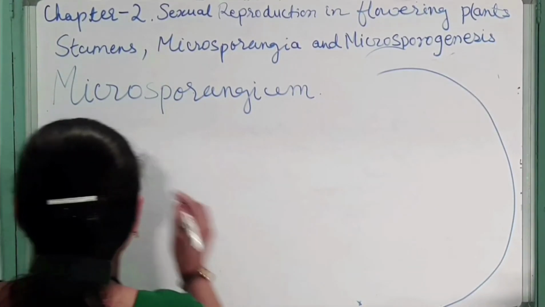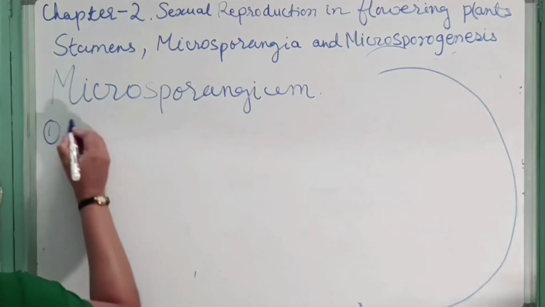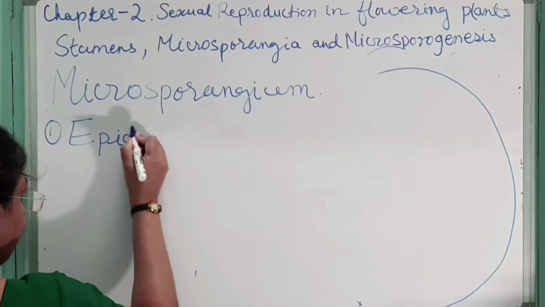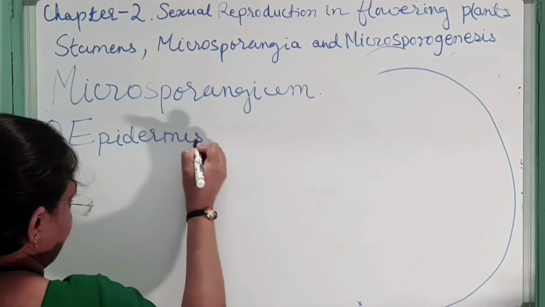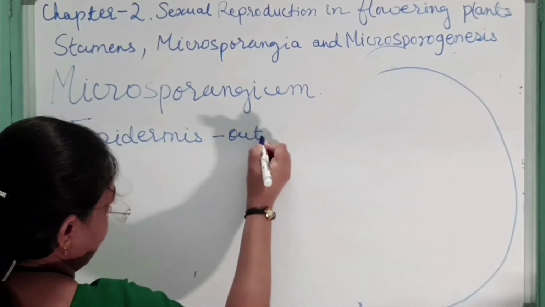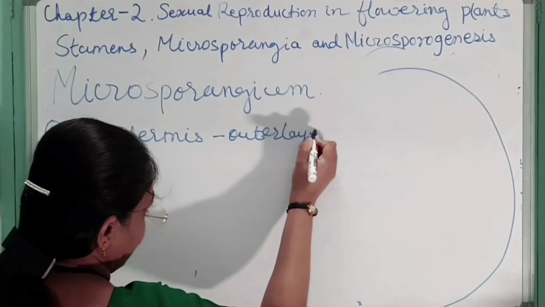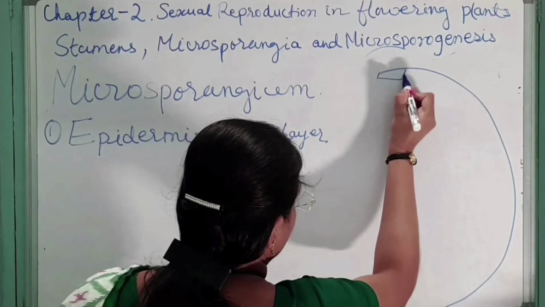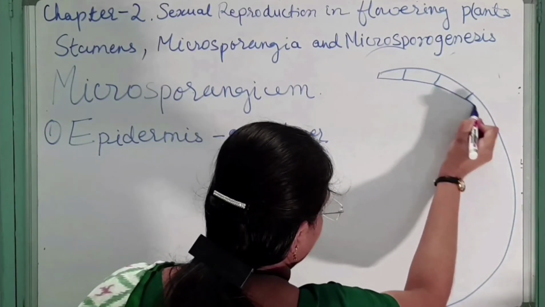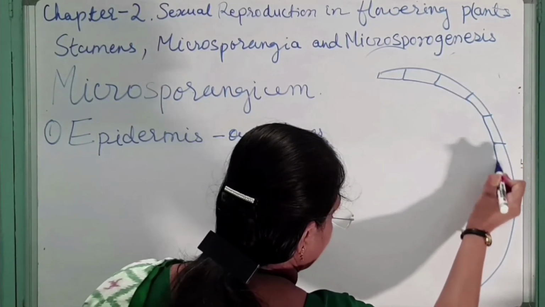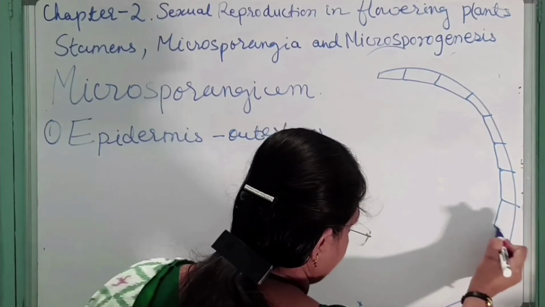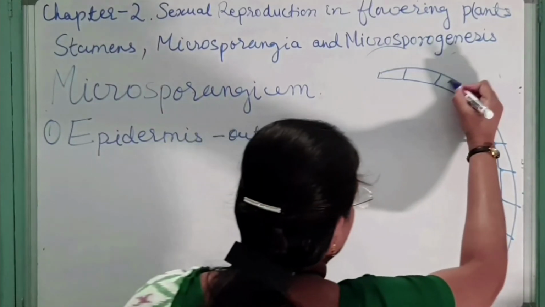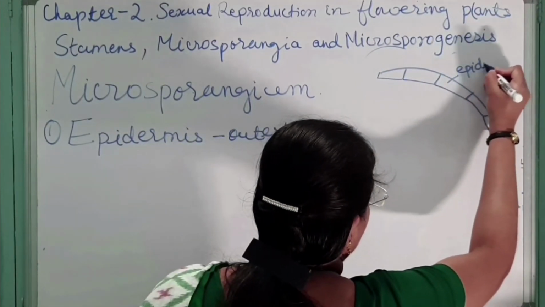These layers, let's see. Number 1 is epidermis. The outer one is the epidermis. This is the outer layer.